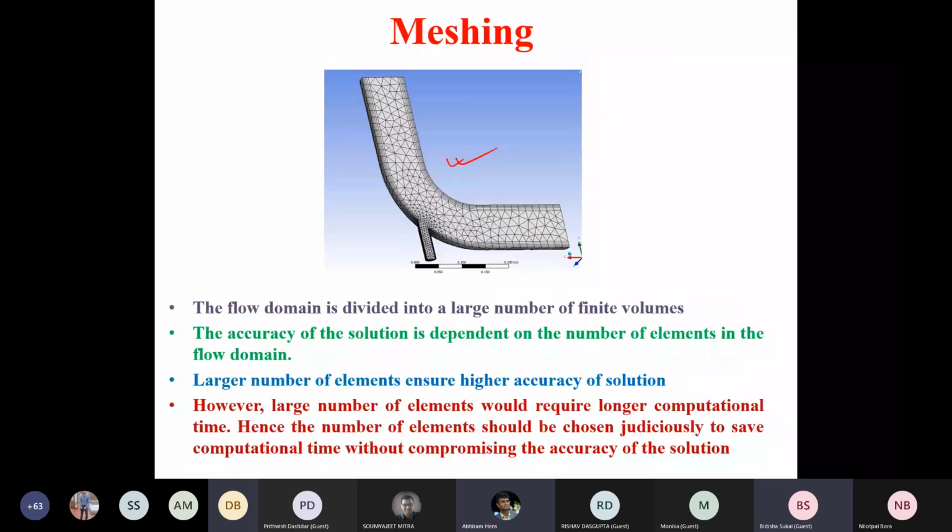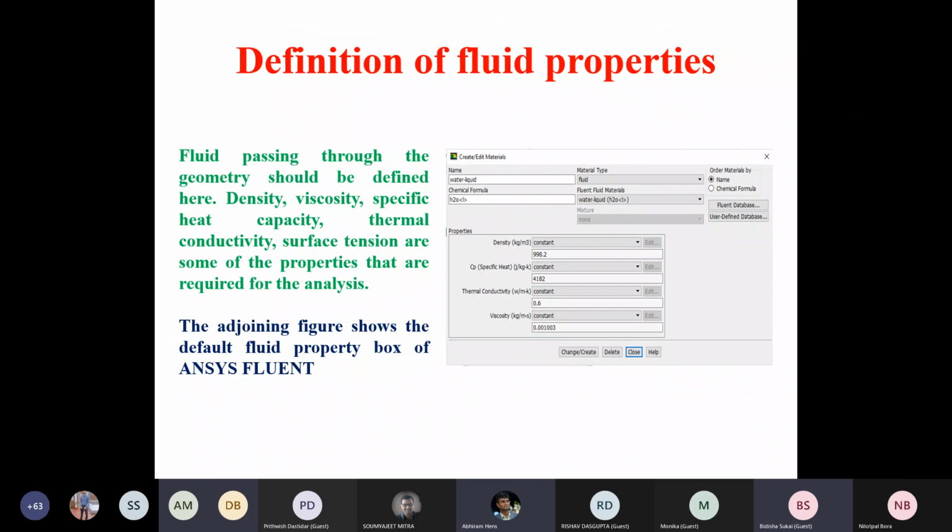So geometry creation, then meshing, and then definition of fluid properties. Fluid properties have to be defined: density, viscosity, specific heat capacity, thermal conductivity, surface tension. So these are some of the properties. If you use commercial software like ANSYS, then you will have a text box like this.